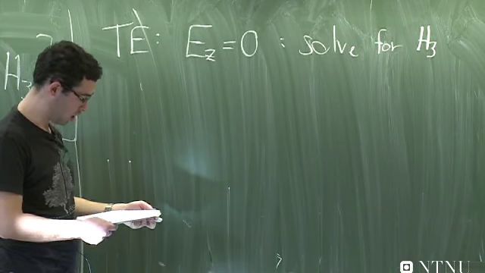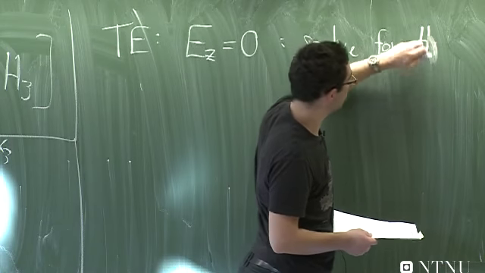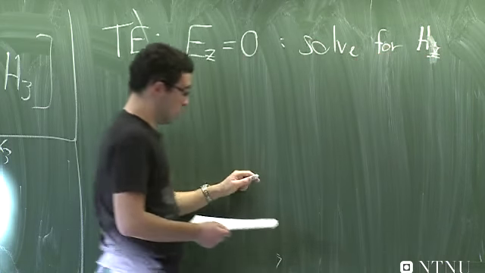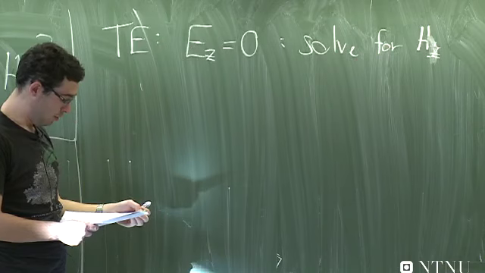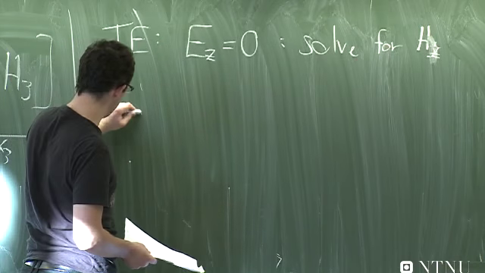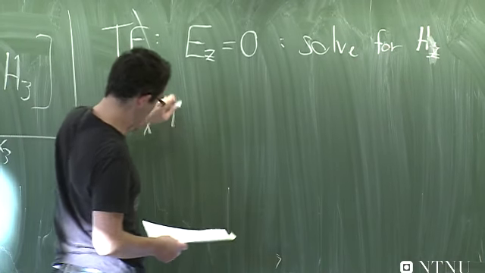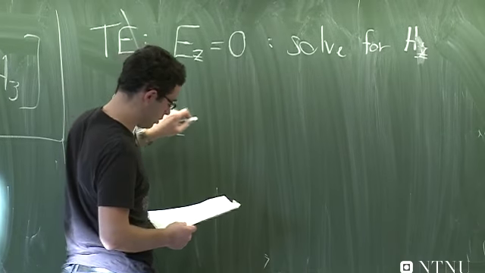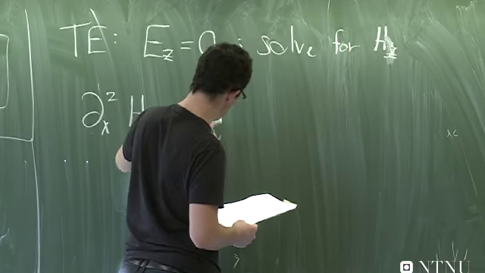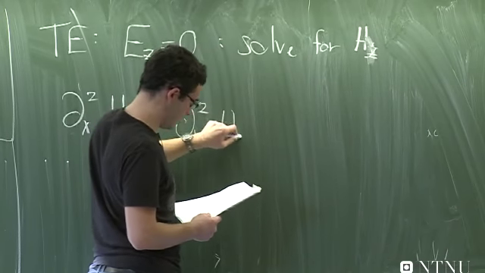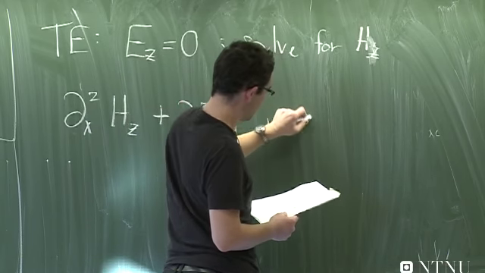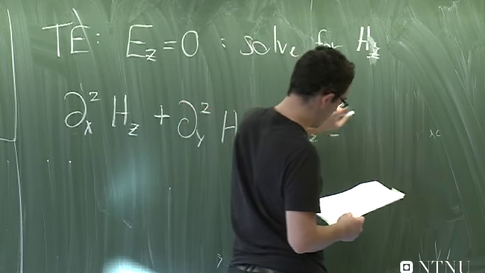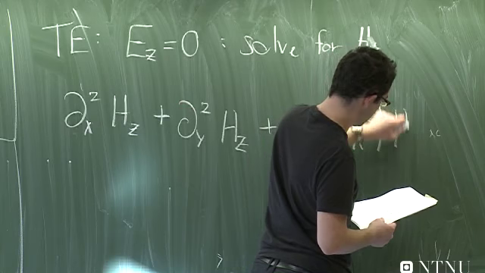And if I let's say H set then. And if I write down the equation for that, it looks like the following: dx square H set plus dy square H set plus omega square over c square minus k square H set equals 0.